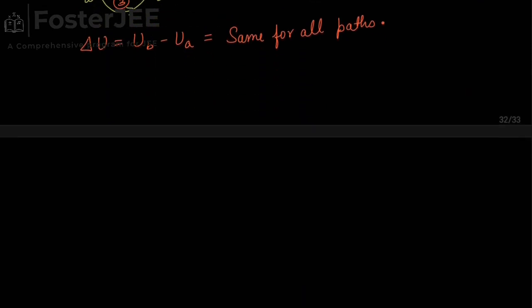Now, as we know, between two charges q1 and q2, the electrostatic potential energy U of interaction is kq1q2 upon r, if the distance between them is r.